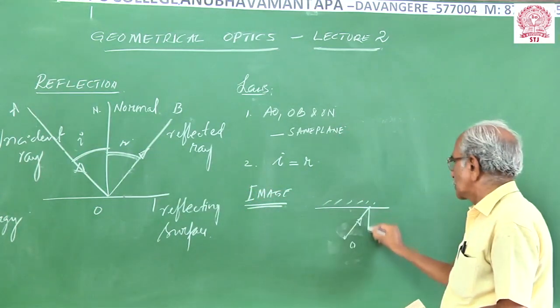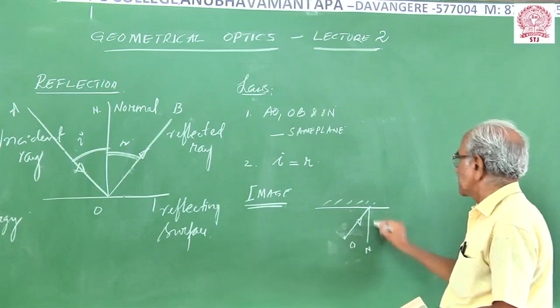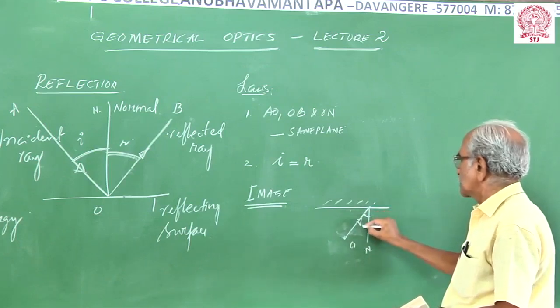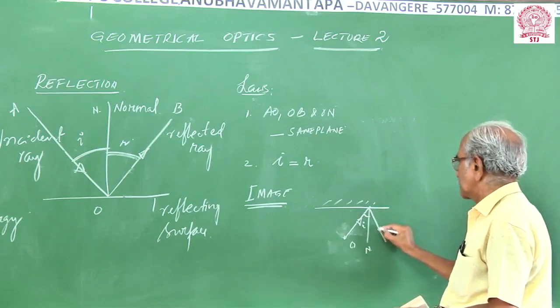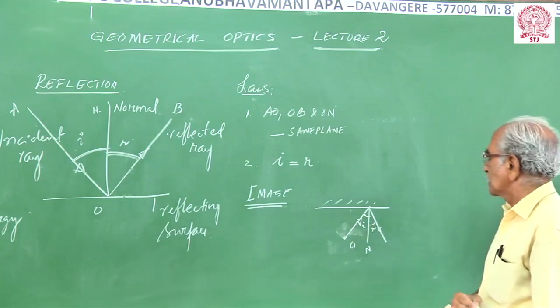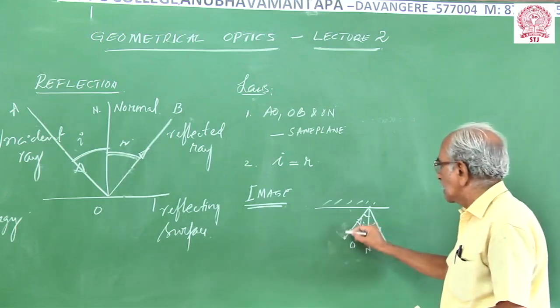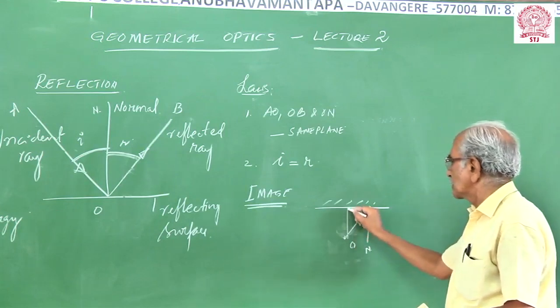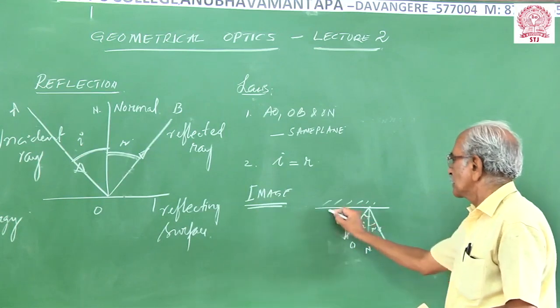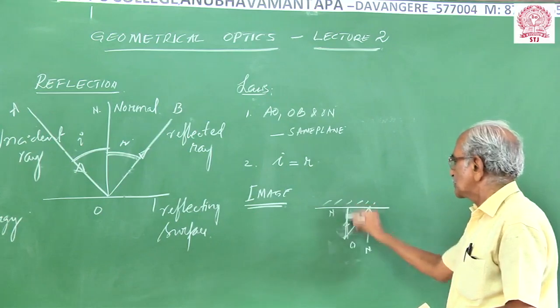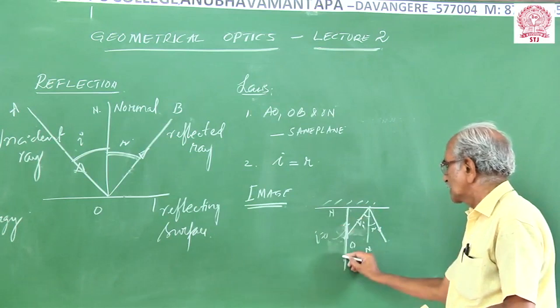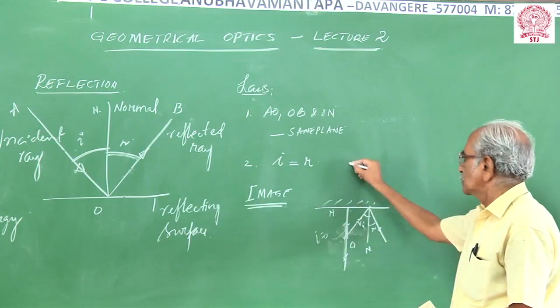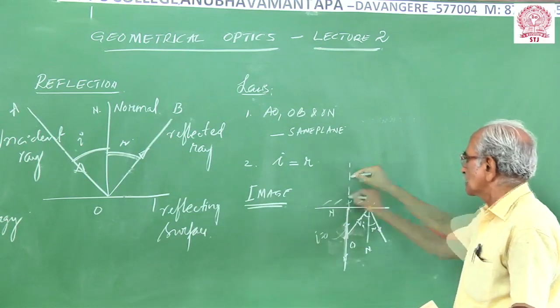So here I draw the normal, measure the angle of incidence, and construct an equal angle on the other side. Now this is reflected. I take another ray, say a normally incident ray. Normal incidence means the angle of incidence is 0. Therefore you have the reflected ray like this also. The two rays meet here.